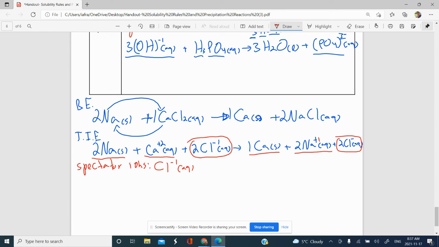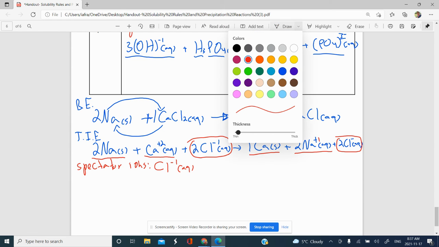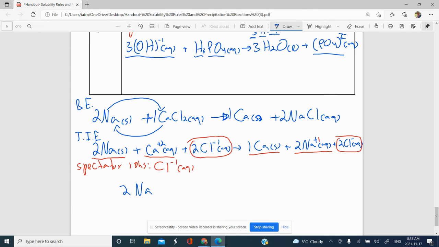So in this situation, my net ionic equation would be whatever's not canceled out. So I get 2Na solid plus Ca²⁺(aq), and that's going to produce calcium solid plus 2Na⁺(aq).